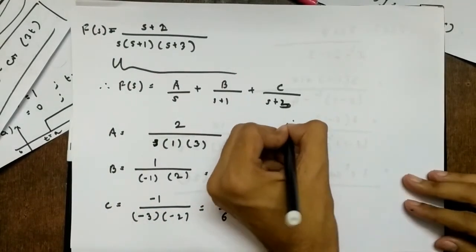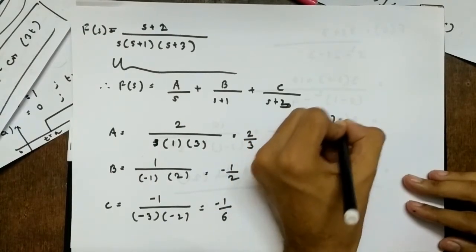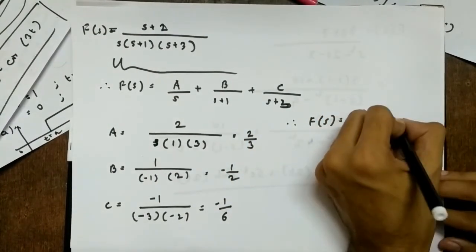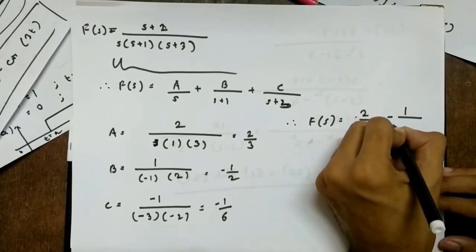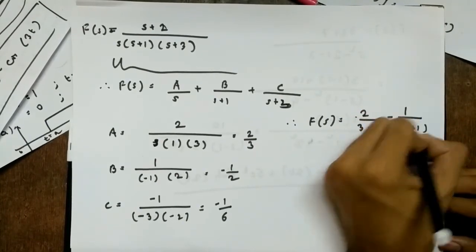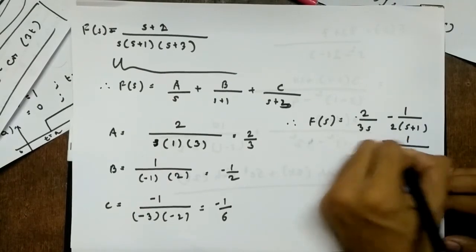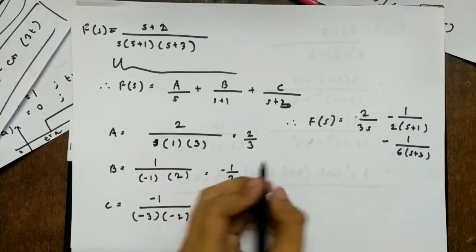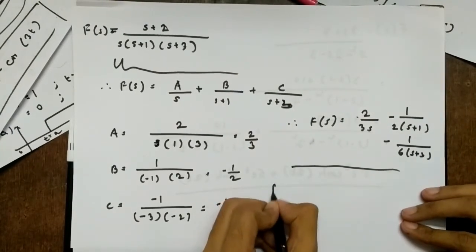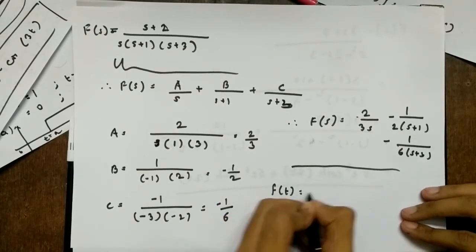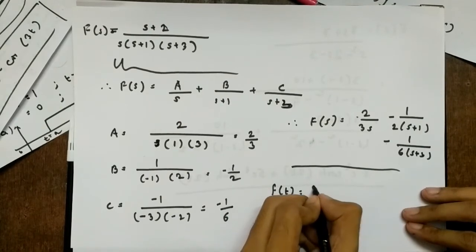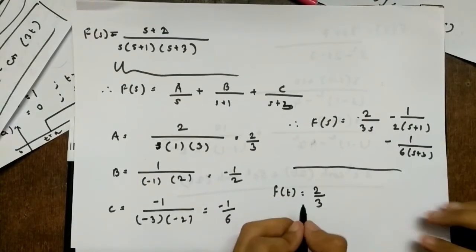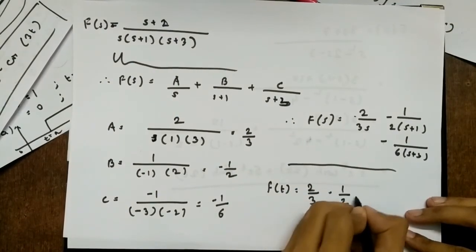So therefore F of s equals 2 by 3s minus 1 by 2 times (s + 1) minus 1 by 6 times (s + 3). Then taking inverse Laplace transform of both sides, what will you get? F of t equals 2 by 3, because the Laplace transform of 1 is 1 by s. Then minus half is a constant, so take it outside.